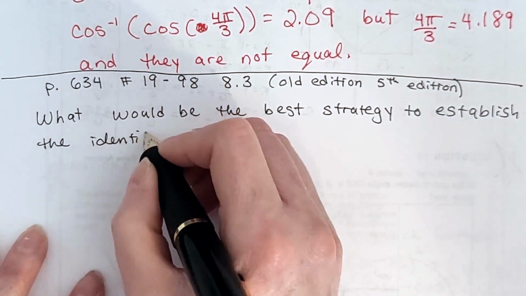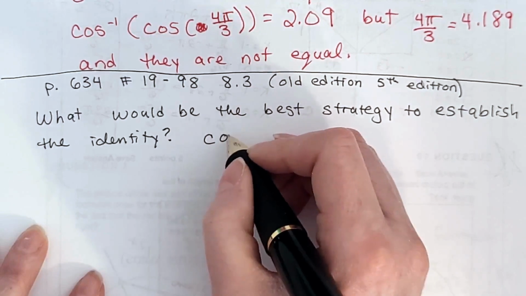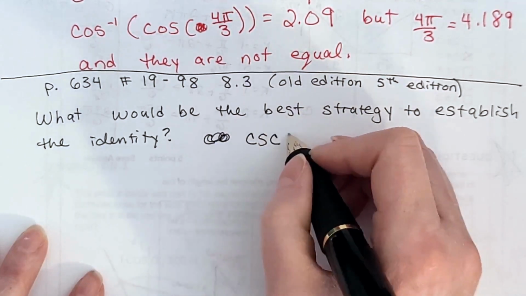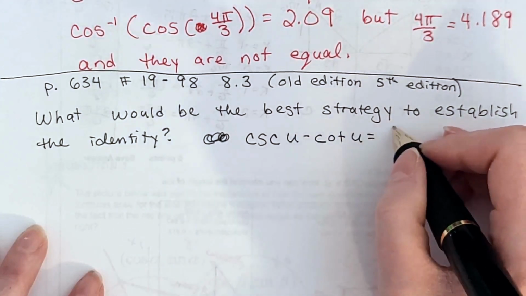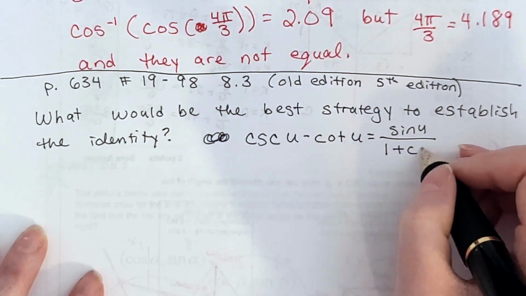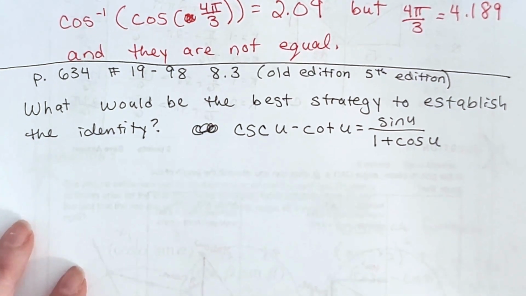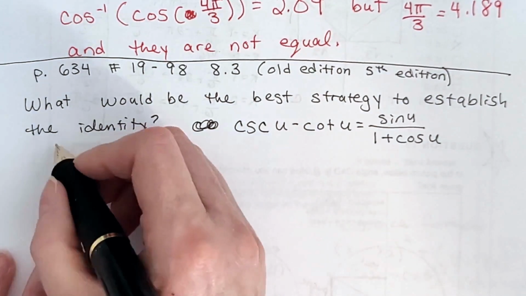And of course, they could come up with a million identities. Okay, I already messed this up. All right, cosecant u minus cotangent u equals sine u divided by 1 plus cos u. All right, and then this would be a multiple choice type thing.